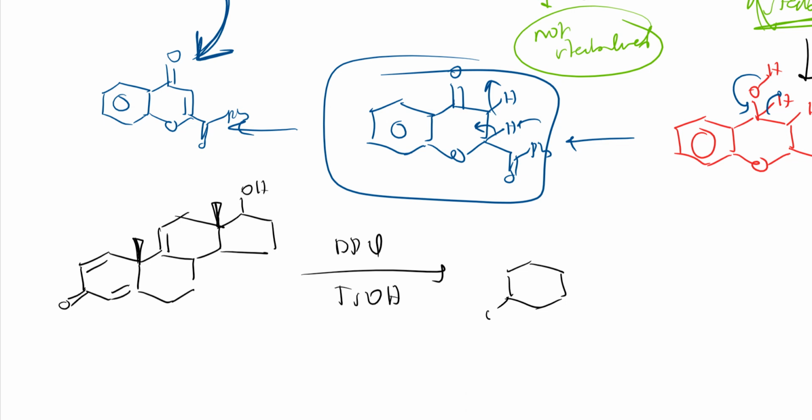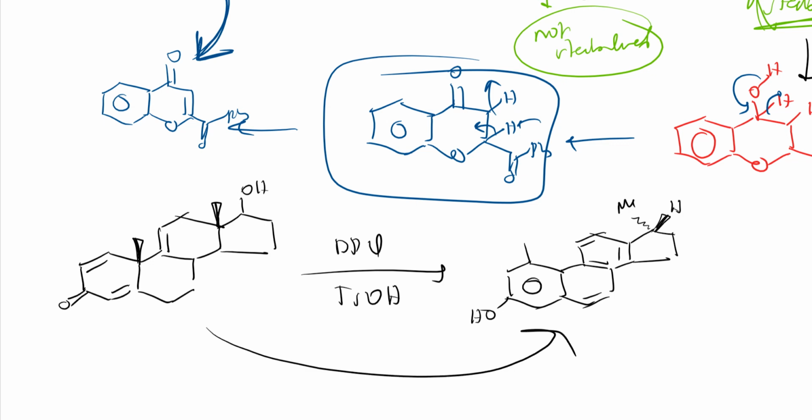You try to write the mechanism for it. The benzene ring came here, right? And here I will get like this. The methyl will come here, because of rearrangement, right? And this methyl will be here, and here I'll get a proton. So here see, the shift has happened, right? Just try to write the mechanism of how I'll get this one through this, right?